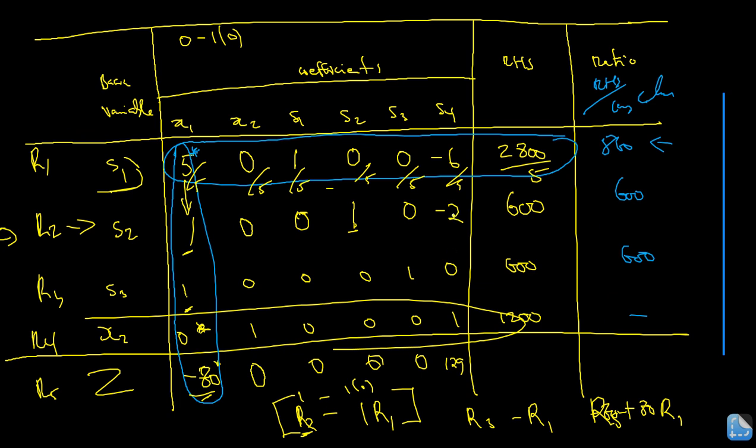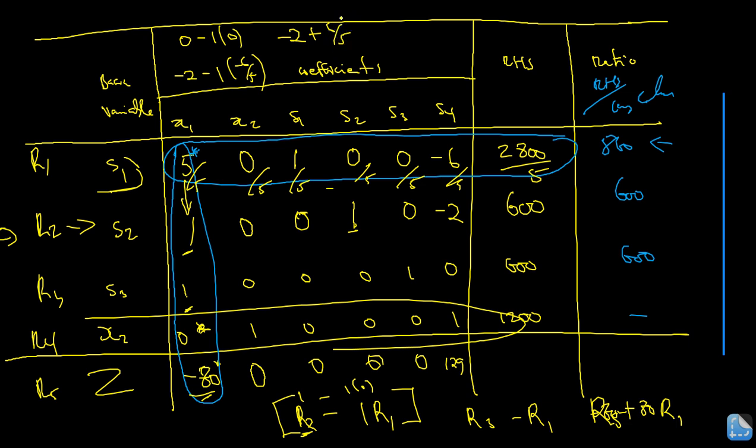For negative 2, let's try to solve it. It will be negative 2 minus 1, open bracket, negative 5 over 6. Let's solve this. This would be positive, so it will be negative 2 plus 6 over 5.